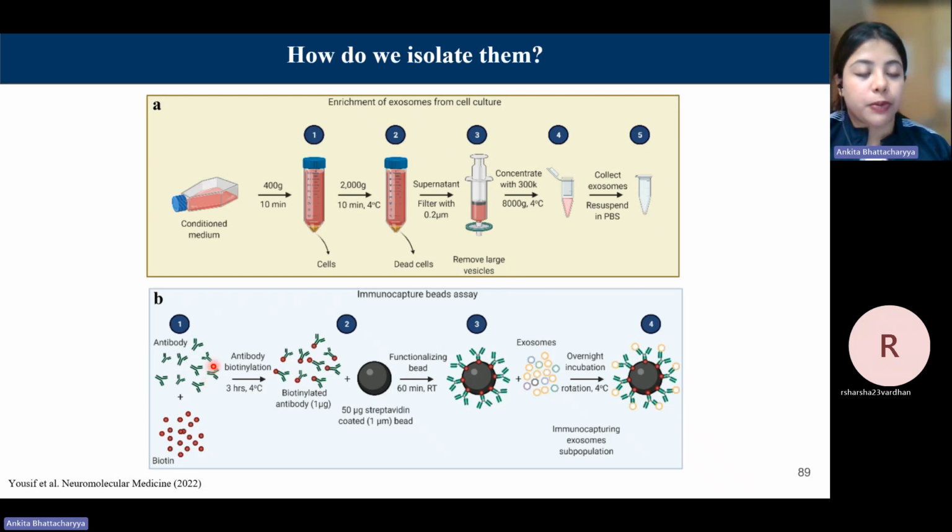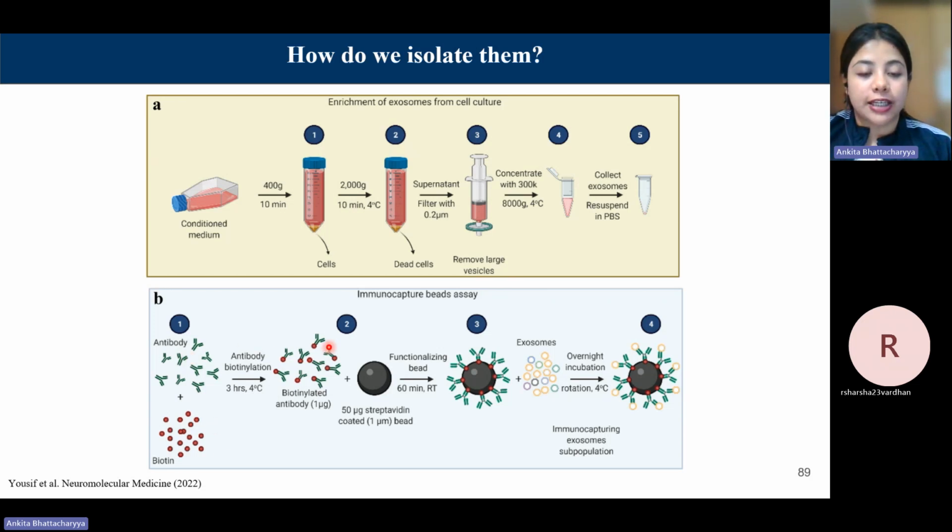Before that step could be done, if you remember, we had discussed the fact that you want to build a strong structure, a strong magnet, which can attract all the desired EVs or desired exosomes from the entire pool of exosomes. To create that strong support or scaffold, an initial step is required whereby the antibody of interest should be incubated with biotin.